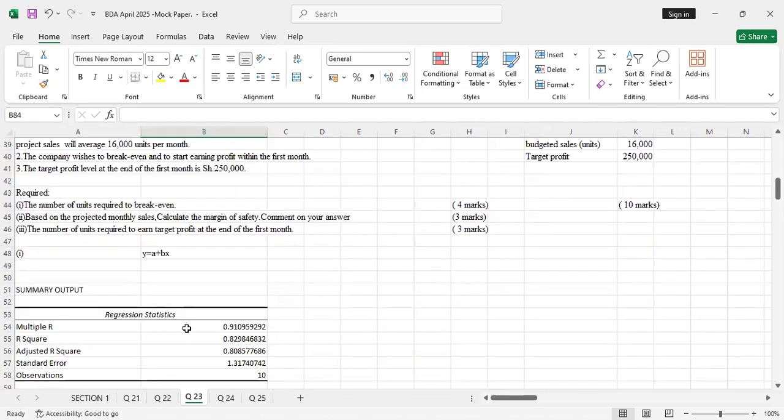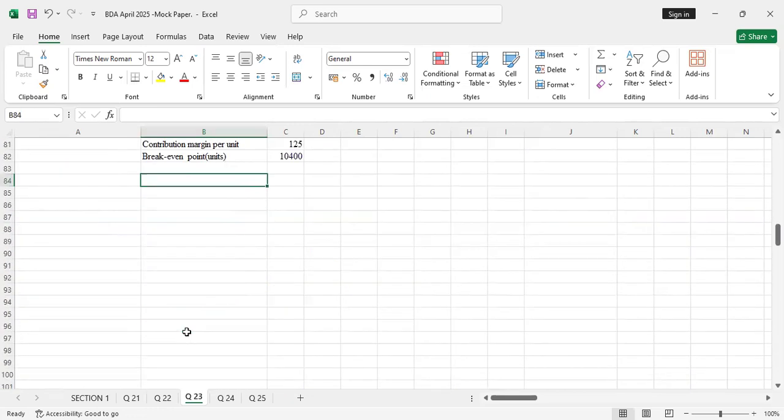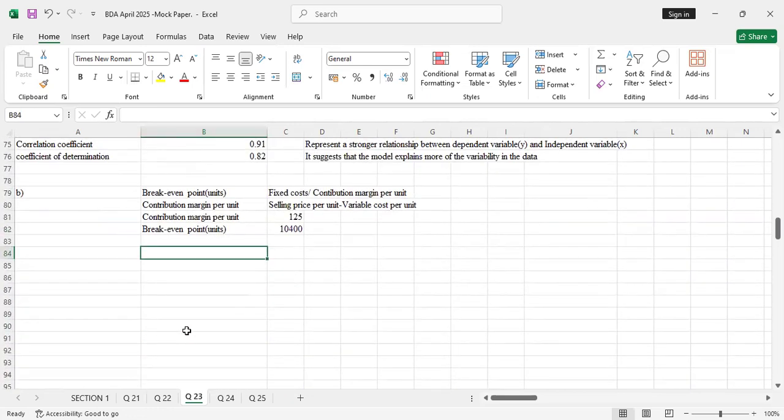They said, based on the projected monthly sales, calculate the margin of safety and comment on your answer. So margin of safety is what we are looking for. It's upon you to know the formula for the margin of safety.